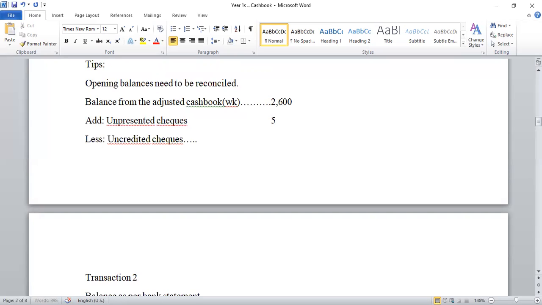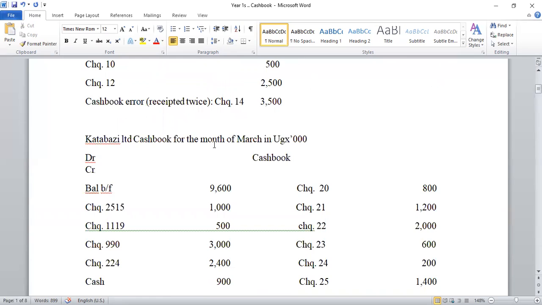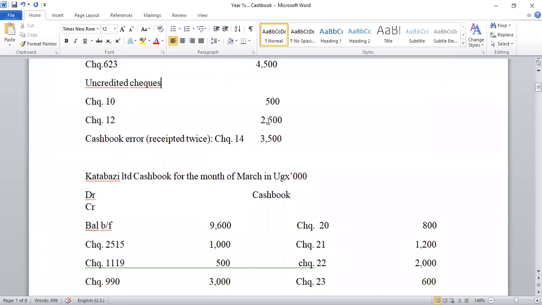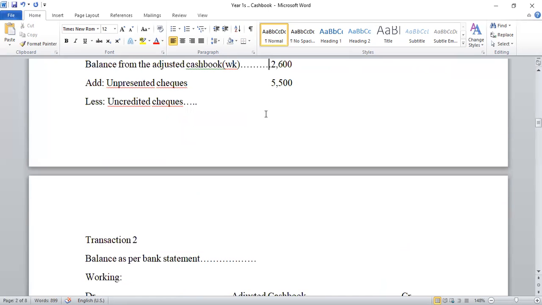Then uncredited. My uncredited checks, you have these two also. They will give you 3,000, so I'll put 3,000. So the balance is 3,100.